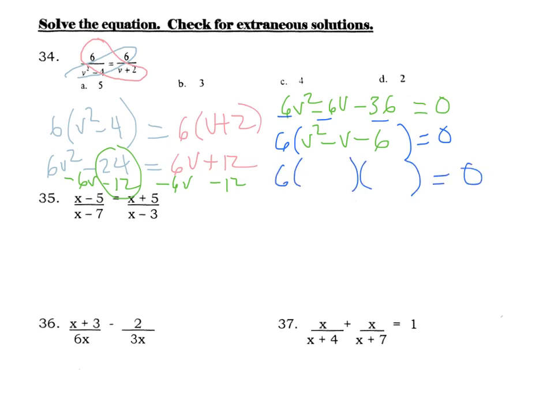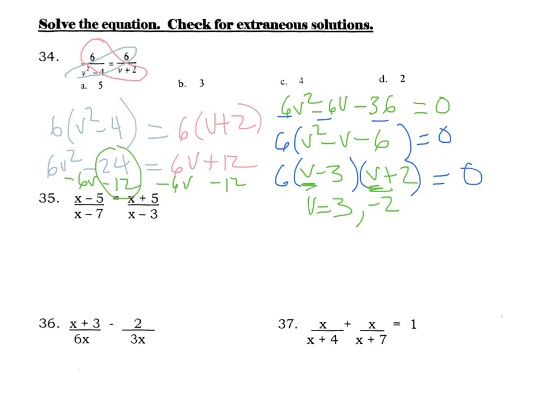It's much easier to factor when I take the 6 out first. I will have v minus 3, v plus 2. And that will give me potential solutions. v equals 3, because 3 would make this 0, or negative 2, because negative 2 would make that 0.